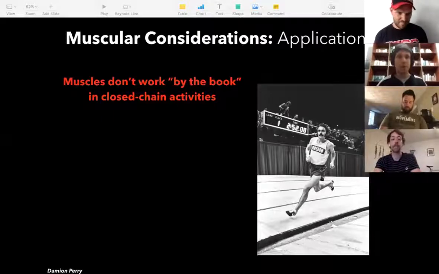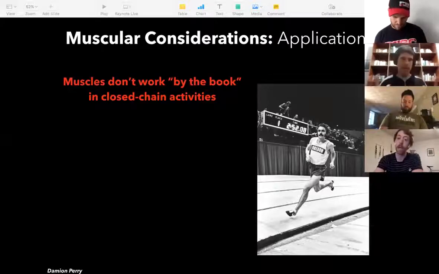If we start to evaluate running, and I'm not going to go into a full biomechanical analysis, we would say, okay, running involves the legs. What happens with the legs? Oh, well, your quads extend your knee, your hamstrings flex at your knee, your abs crunch you forward, your back extends you back. Clearly those things are not happening for him to run. There's going to be this nice synergistic combination of isometric, concentric, and eccentric activities that's going to allow him to move step to step.